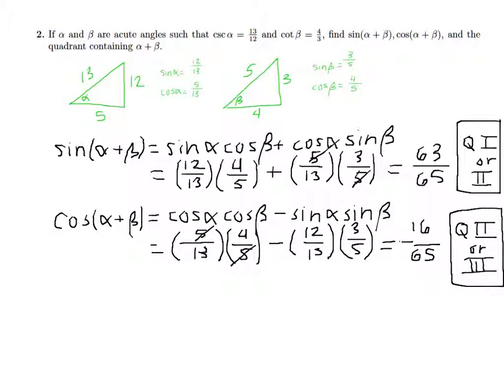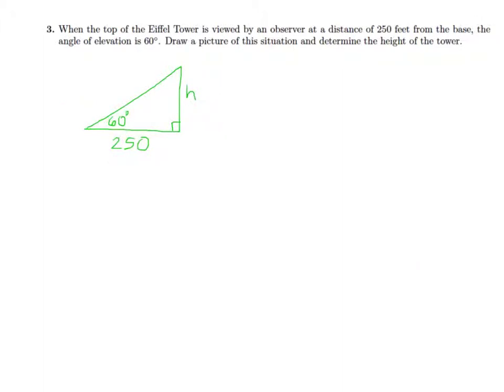So alpha plus beta is in quadrant 2. Since sine of those is either in quadrant 1 or 2, and then cosine of those is either in quadrant 2 or 3, when you add alpha plus beta, it has to be in quadrant 2.